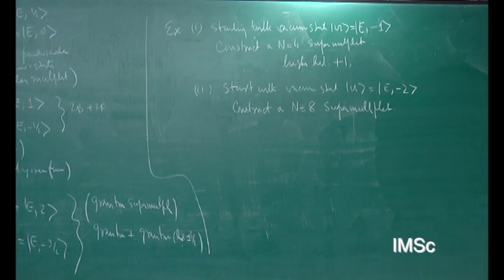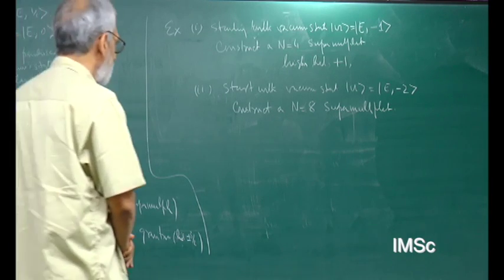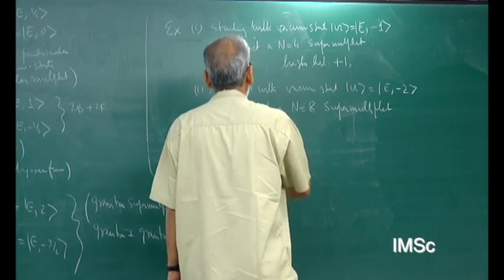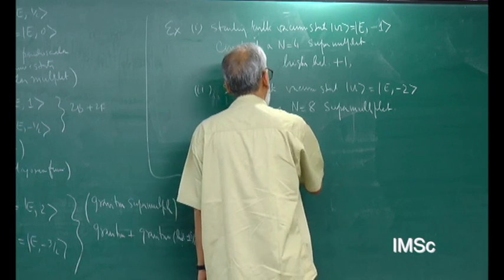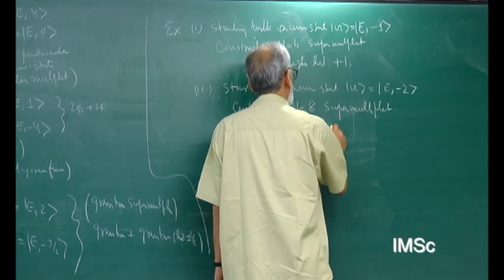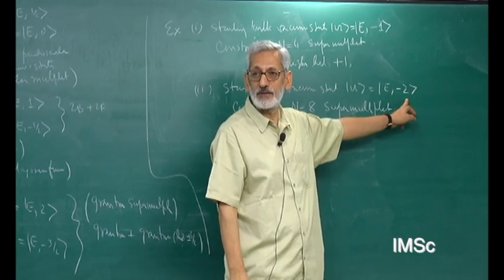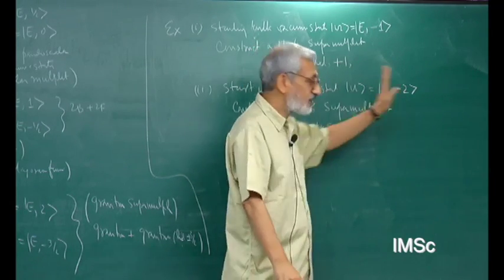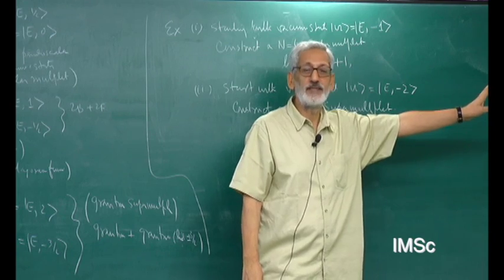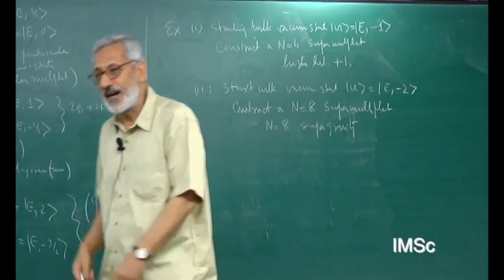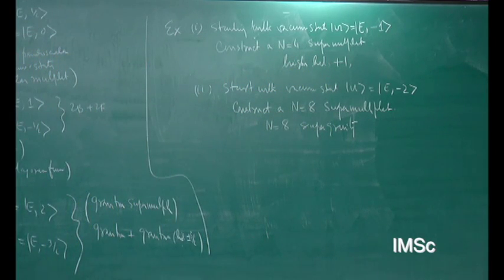And you will discover that this is also a self-conjugate multiplet. And it's a multiplet of n equal to 8 supergravity. It has graviton because there are helicity -2 states, and the highest helicity state that you will find is +2. So it has a graviton and other content. So it is the n equal to 8 supergravity multiplet.